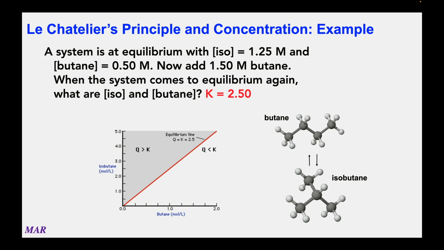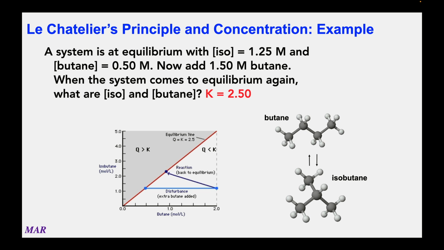But let's see how we would calculate this. Butane and isobutane can interconvert to reach a dynamic equilibrium. The graph shows the equilibrium line. If we add butane to the system, the equilibrium is disturbed, and the butane reacts to form isobutane until equilibrium is reestablished.